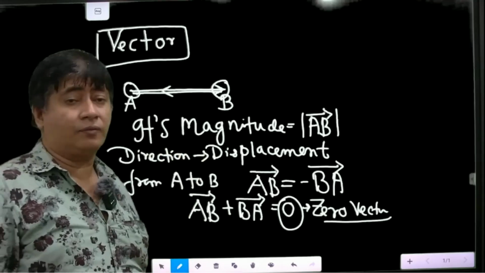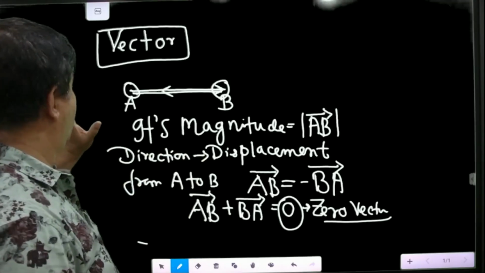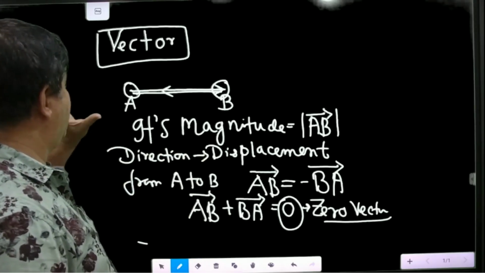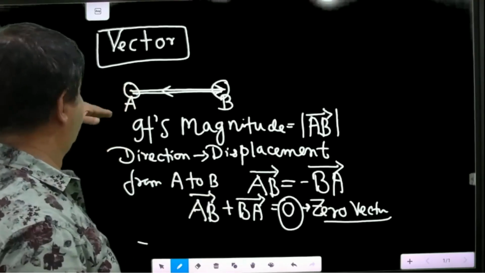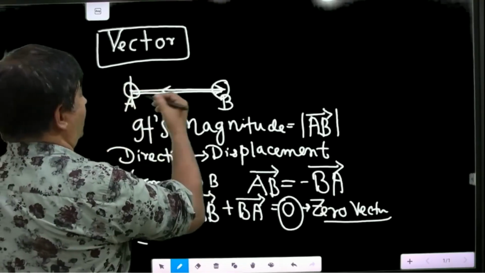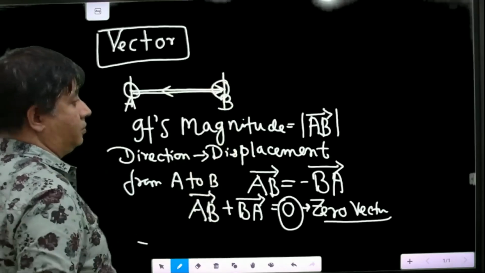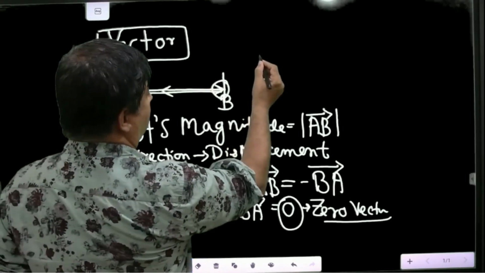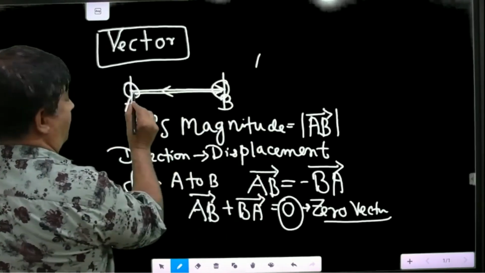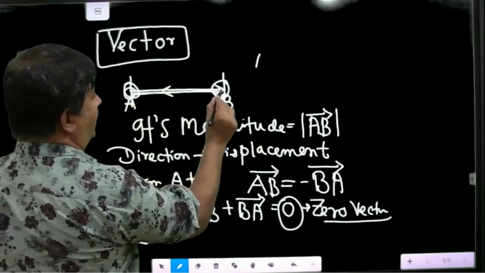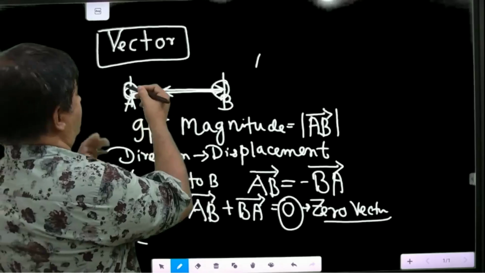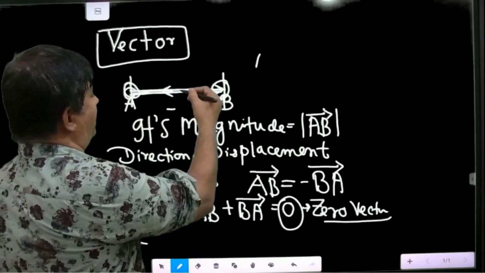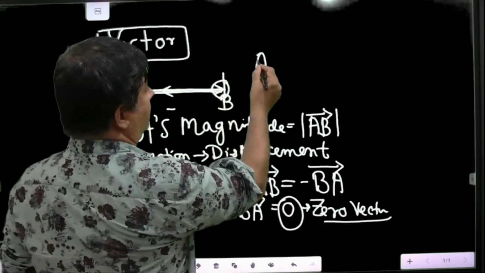Now, along this vector, there will be a scalar value also. That means from A to B, once you are moving, how much displacement takes place? Magnitude AB.